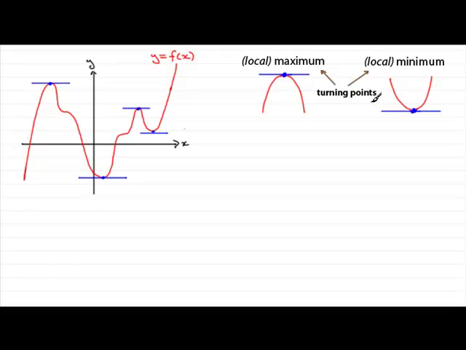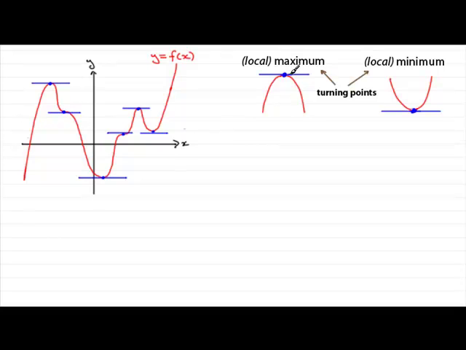Now we've also got some other stationary points on this curve. There's one here. If we drew the tangent, it would look like that, parallel to the x-axis. And there's another one. Here it is, over here. If you drew the tangent, it would be flat. It would have a gradient of 0, it's parallel to the x-axis.